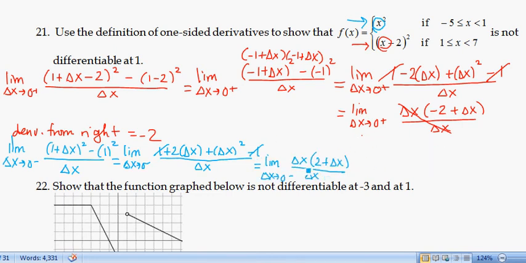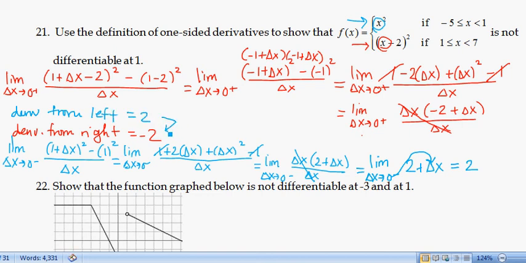When we factor out a delta x, we're left with the limit as delta x goes to 0 from the left of 2 plus delta x. Again, with direct substitution, letting delta x equal 0, we get 2. So we have the derivative from the left of 1 is equal to positive 2.